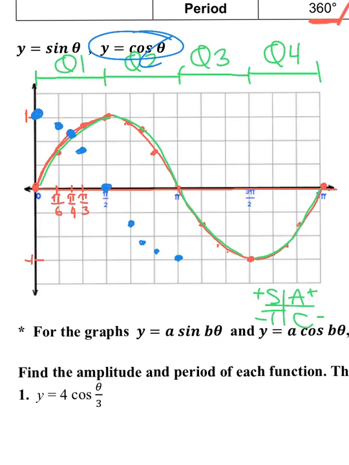So 7 pi over 6, negative rad 3 over 2. At 5 pi over 4, cosine is negative rad 2 over 2. See that intersection happen again with the sine. And then at 3 pi over 2, oh, whoops, I skipped one. At 4 pi over 3, I'm at negative 1/2. And then at 3 pi over 2, I'm at 0 again.